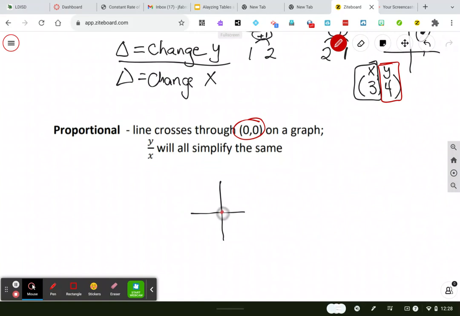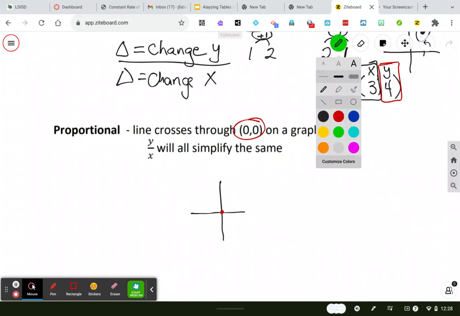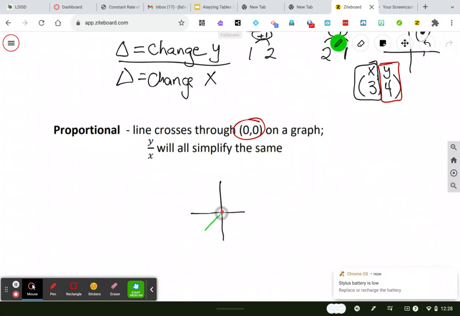This is 0, 0 right there. If I were to draw a line based on the coordinates that I was given, that line goes right through the center. The center is called the origin. And if the line goes directly through the center, that means that it's proportional.